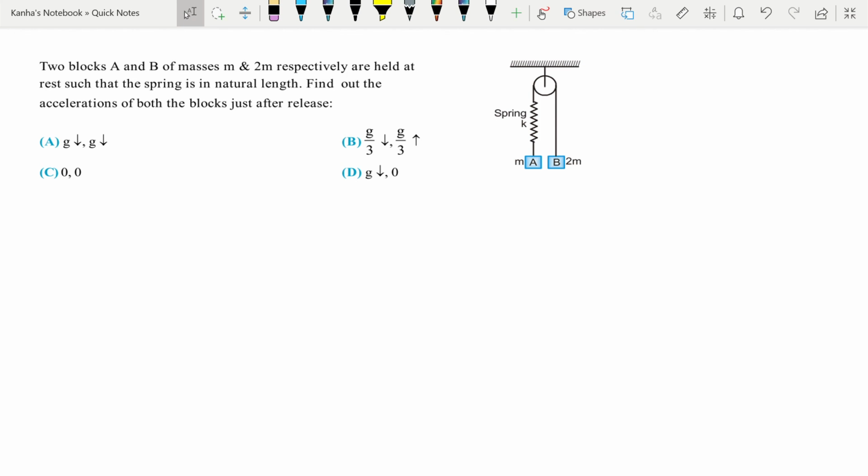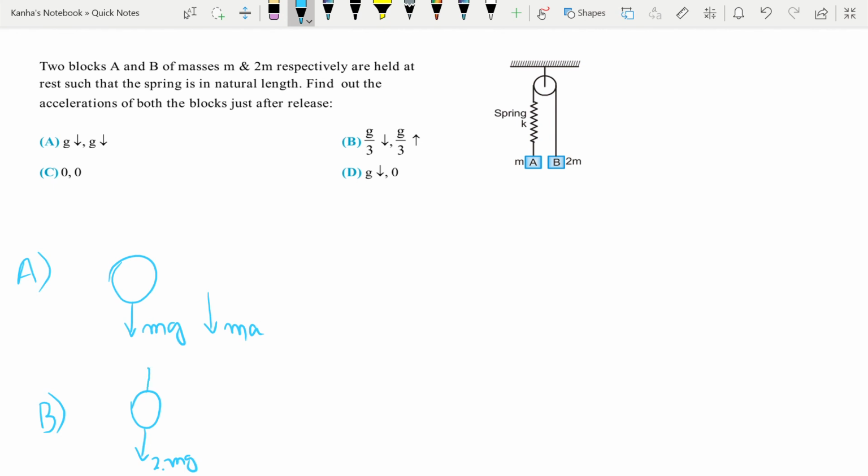For A, I have my mass and there is mg acting downwards. It's supposed to go down with some acceleration a. And then for B, I have 2mg downwards and a tension upwards.